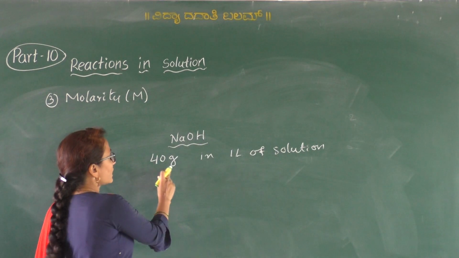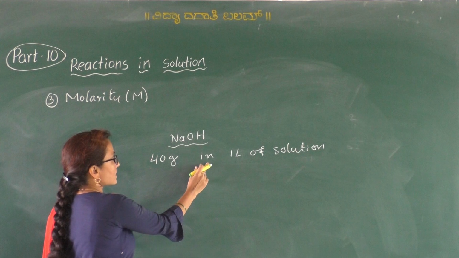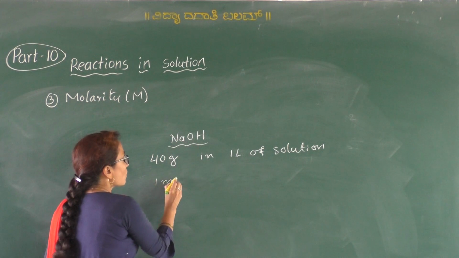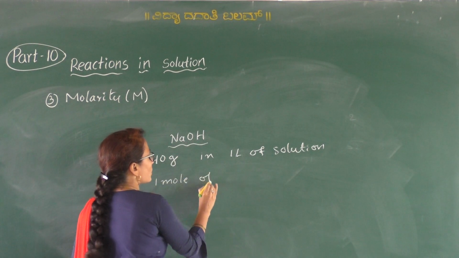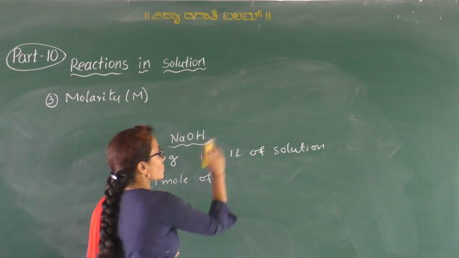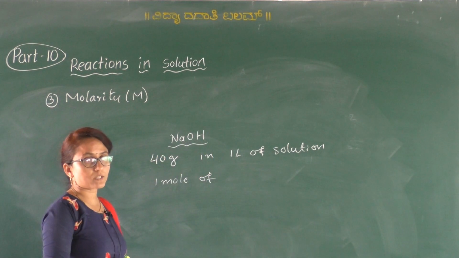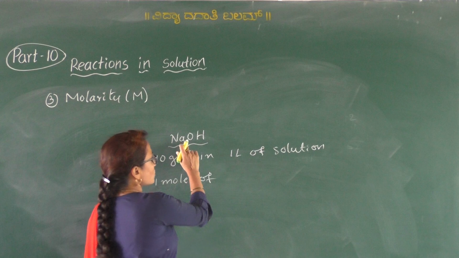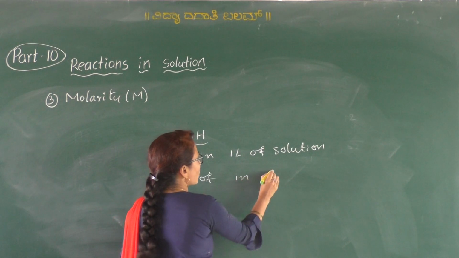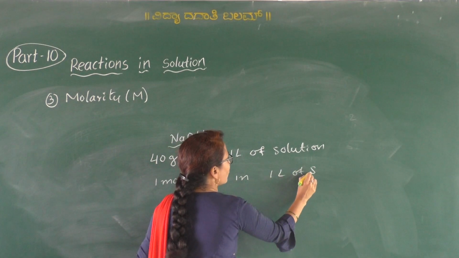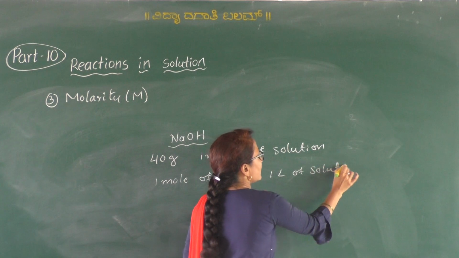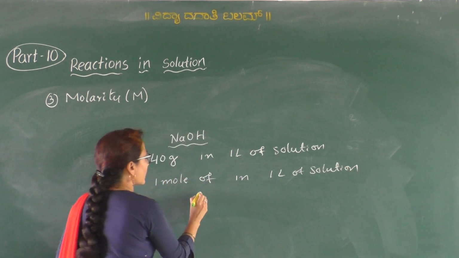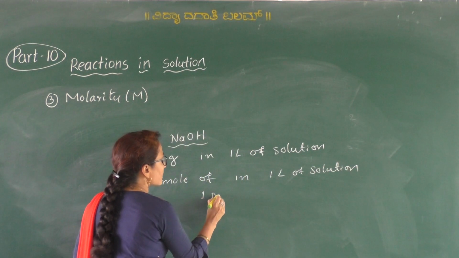So, 40 grams of sodium hydroxide dissolved means 1 mole of sodium hydroxide is dissolved in 1 liter of the solution. Then that solution is called a 1 molar solution.